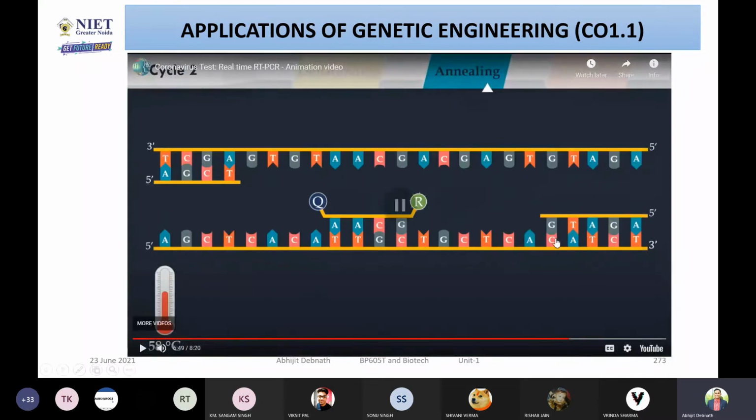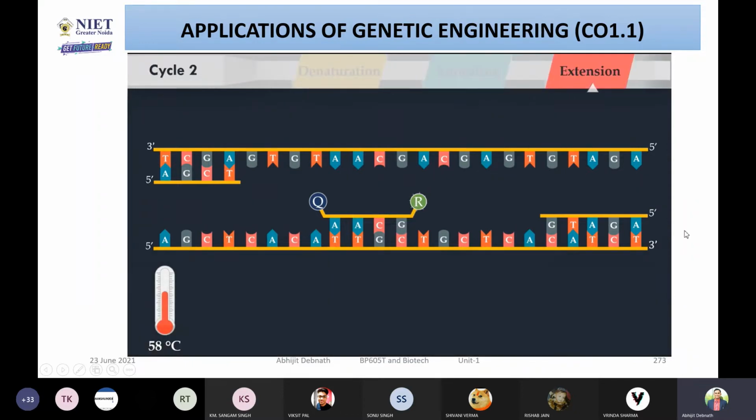So I told you that we also have to analyze whatever multiple copies are forming. We have to analyze those copies under fluorescence. So for that we need the TaqMan probe. So the TaqMan probe is actually this R and Q. If R is present, from here your fluorescence will be activated and it will be analyzed.